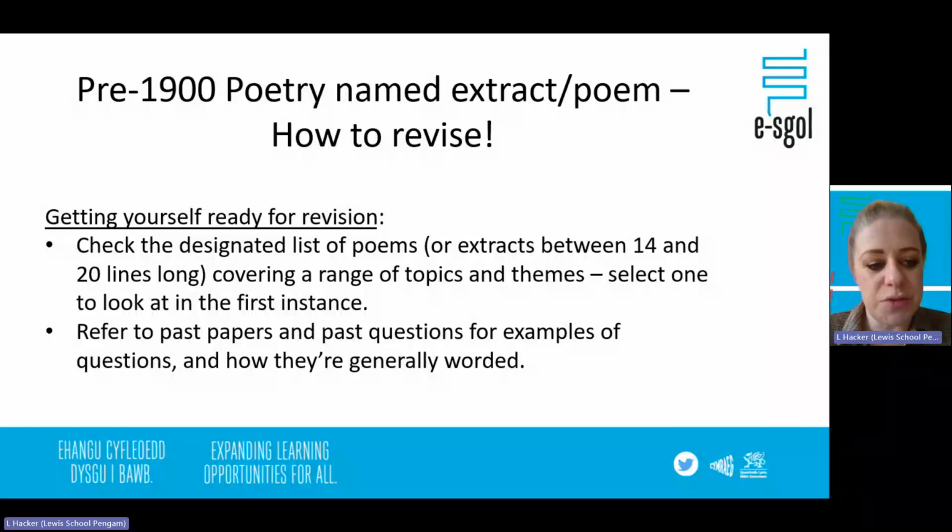Okay, something that you need to do then is to check the designated list of poems. If you have managed to cover all of the poems in the collection, brilliant. If you haven't, make sure that you focus first of all on what you have studied, and then have a look at what you haven't.